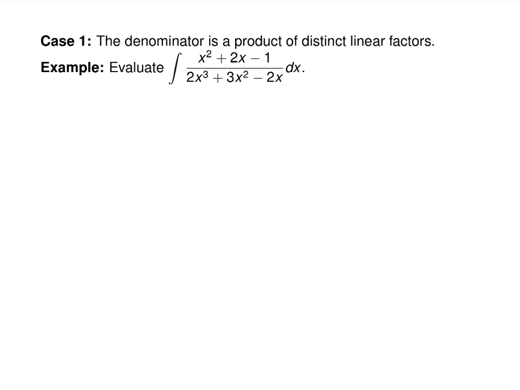All right, let's do another one using this cover-up method now that we know what it is. So first step is to factor the denominator. So we have (x squared plus 2x minus 1) over, first you can take out an x, so that gives you x times (2x squared plus 3x minus 2).